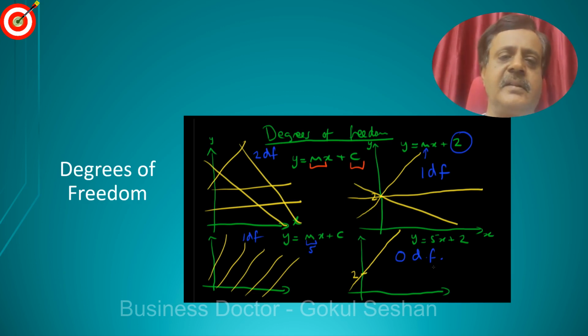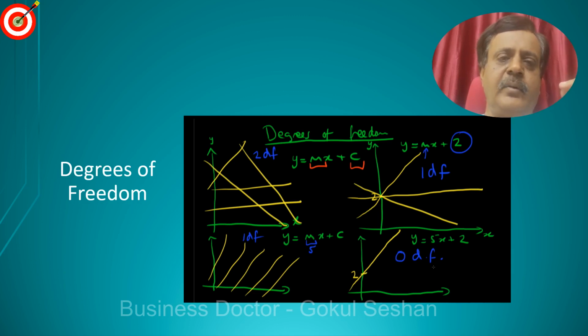But in the first scenario, y is equal to mx plus c, there are two variables which are going to define the output of the function y, which means that m is the slope or the gradient and c is the constant. So these two degrees of freedom are going to make the difference to y values.